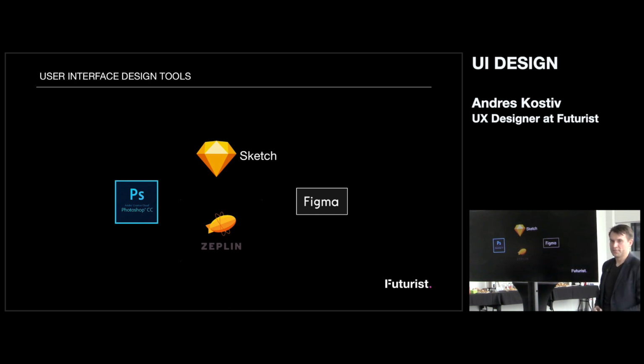Photoshop is still hot, good news. Then Sketch, then Figma is actually taking the market share of Sketch. I hope it gets quicker, so I can do my ninja work in Figma. And also Zeplin is a really important tool, and I will focus in a moment on Zeplin, what it is and how it works.